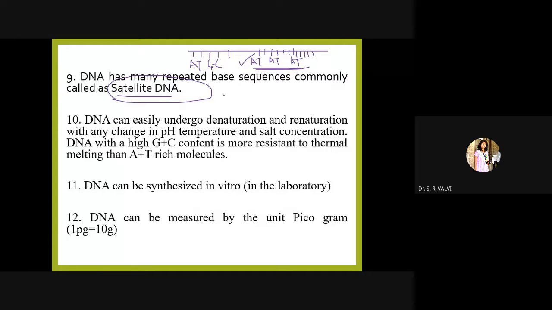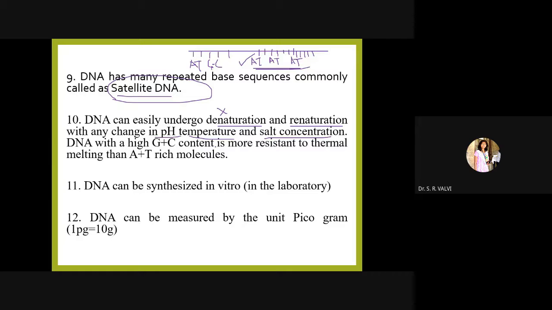So DNA can easily undergo denaturation and renaturation. Denaturation means it destroys, and renaturation means it's again going to form. This happens with any change in pH, temperature and salt concentration. Suppose we change the temperature, pH and salt concentration, then DNA will undergo denaturation and renaturation.